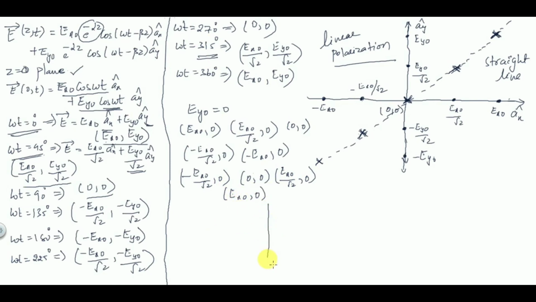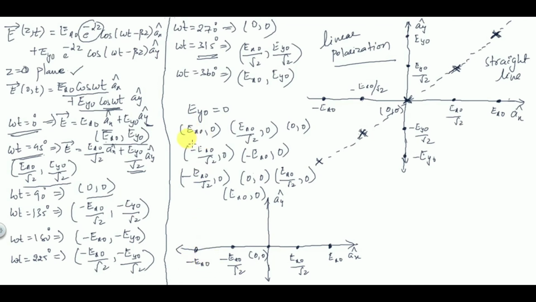So if you plot on the graph, the same graph I am taking, this is ax cap and this is ay cap. So if you plot on this, this is 0 comma 0 at the origin, this is Ex0 by root 2, this is Ex0, here it will be minus Ex0 by root 2, and here it will be minus Ex0.